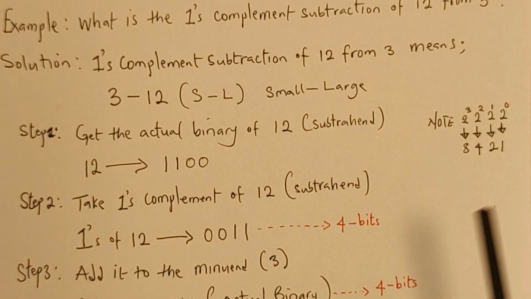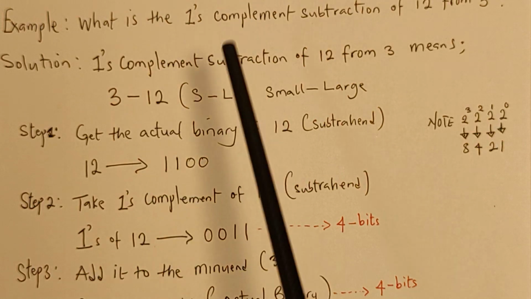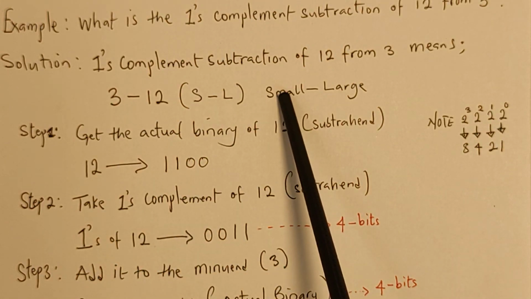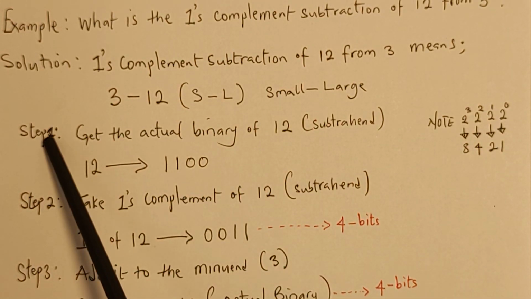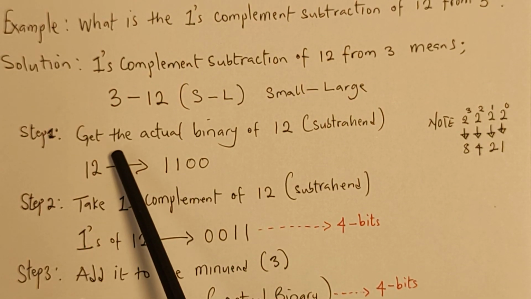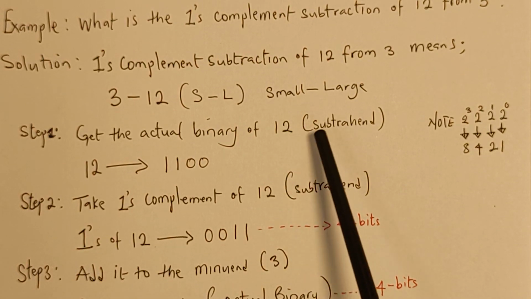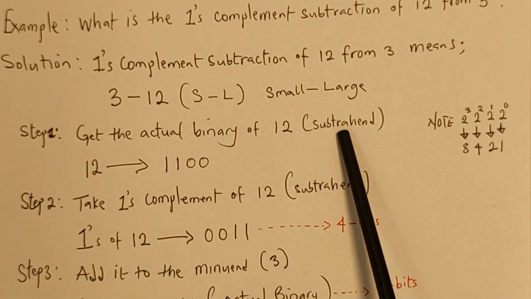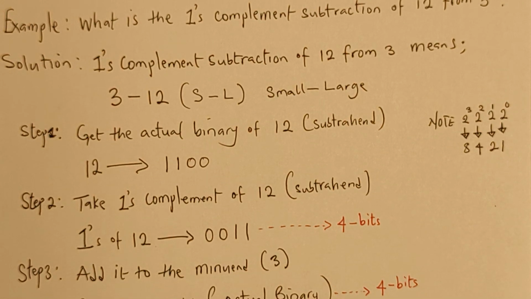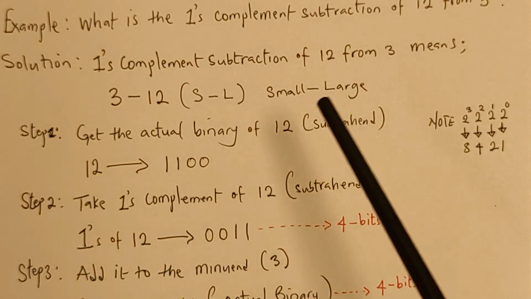Alright, so let's go straight. Now, since we know how to represent this, let's start following the rules. Step 1, we need to get the actual binary of 12, which is the subtrahend, before we can perform the 1's complement. Don't forget, this is the rule.